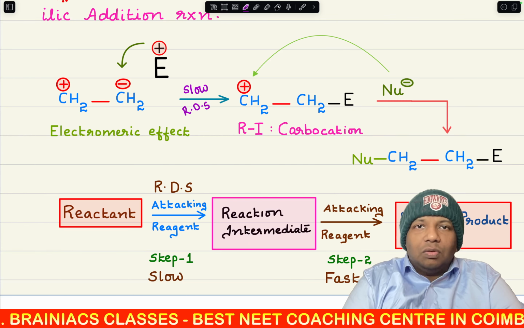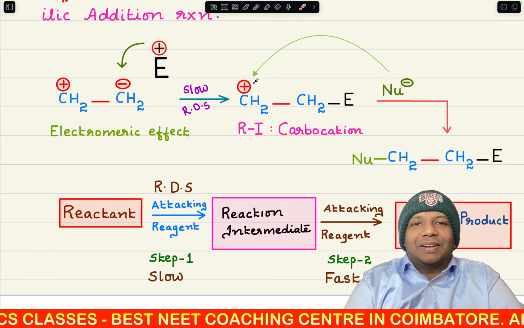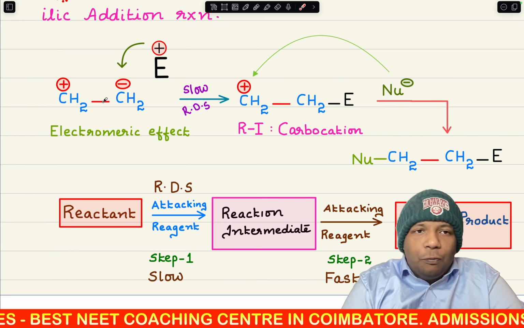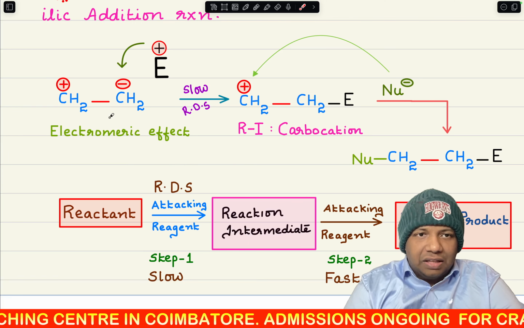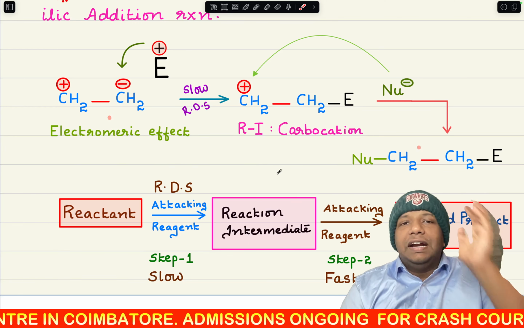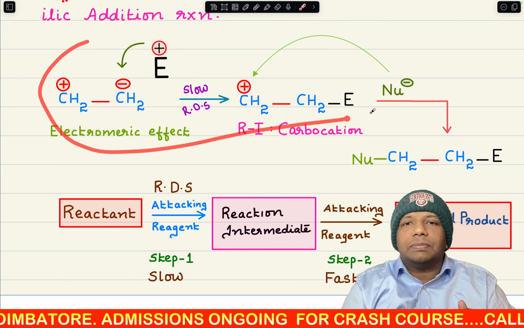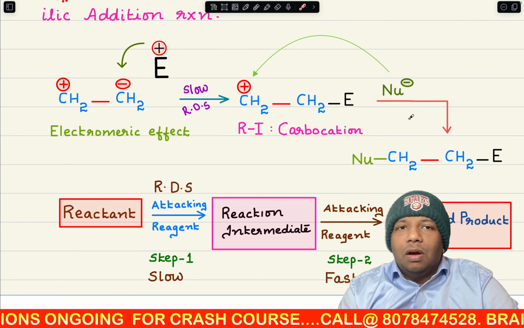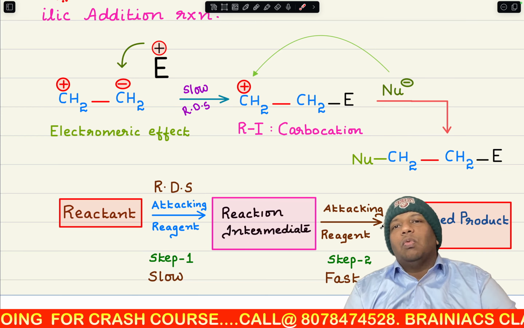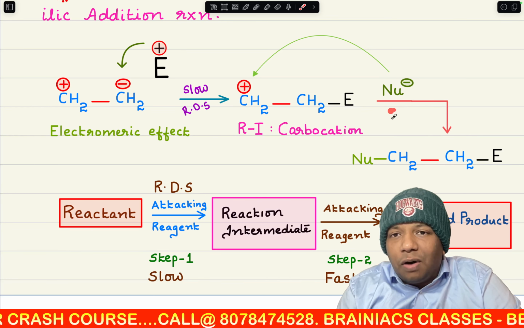What does that mean actually? That is most important. It means how fast the reaction completes, how fast the reactant will become product, depends only on the first step. It does not depend upon the second step, because the second step is a very fast step.